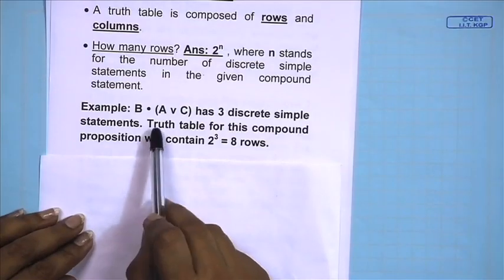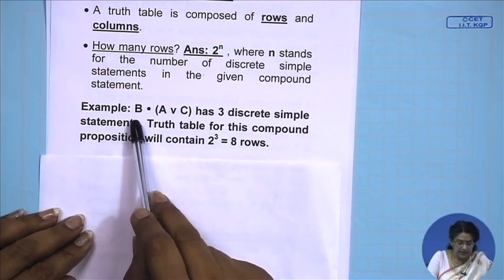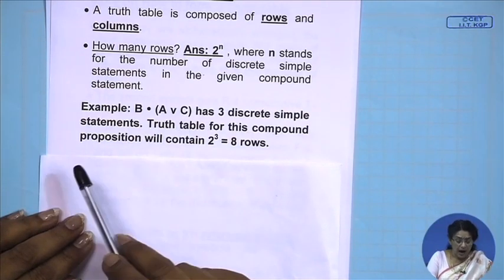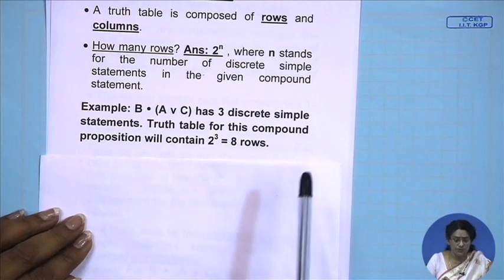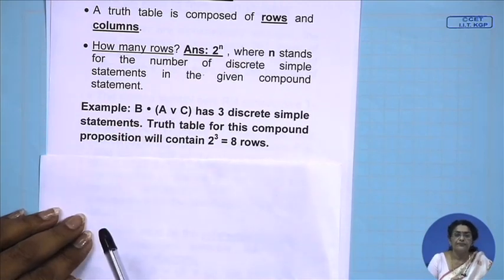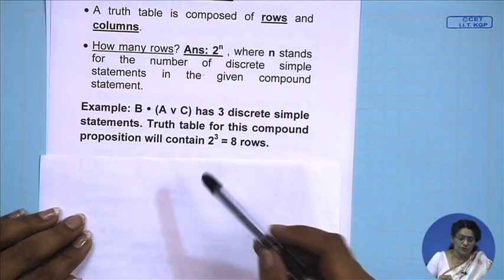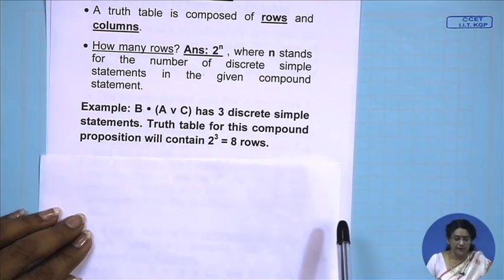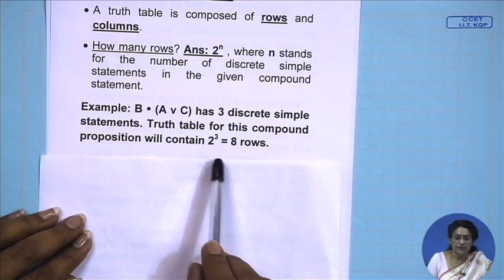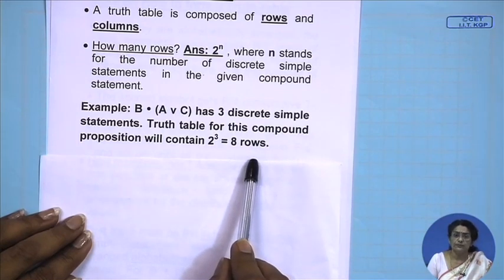Let us take an example so that we can clearly understand. Suppose we have B dot A wedge C. These are all propositional constants. How many discrete simple propositions do we have? 1, 2, 3. So, if I am going to construct a truth table for this, how many rows am I going to have? The answer is 2 to the power 3, which is 8 rows.